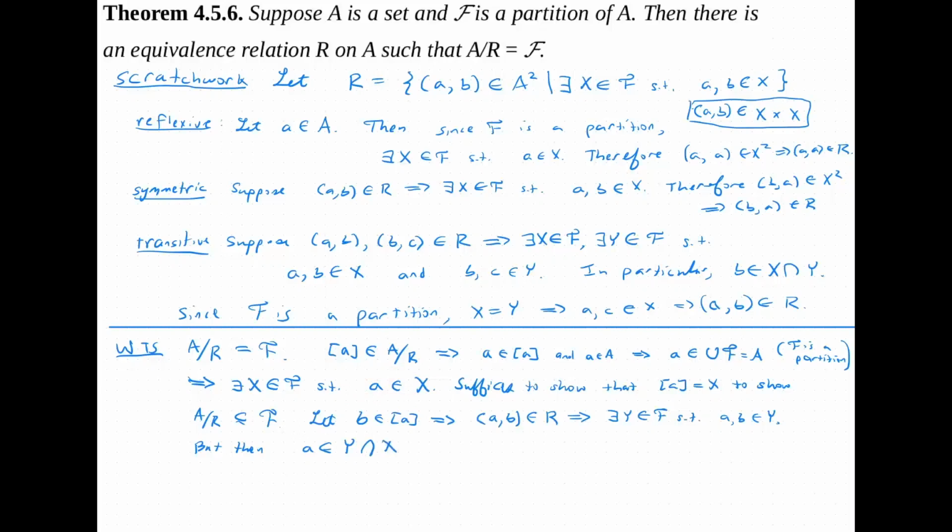And since now F is pairwise disjoint, we have that these two sets are equal.